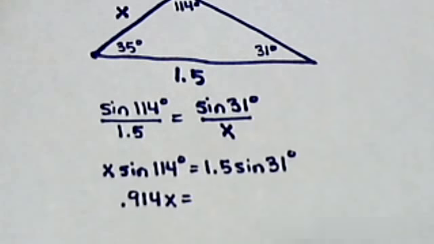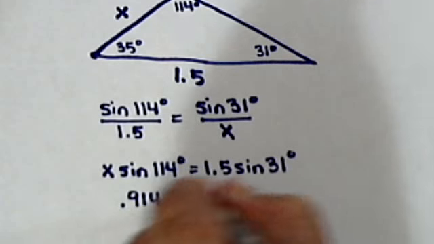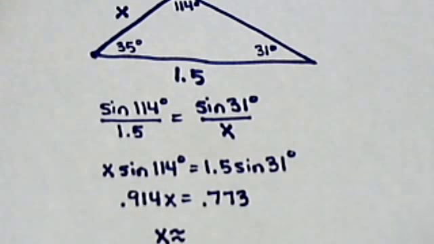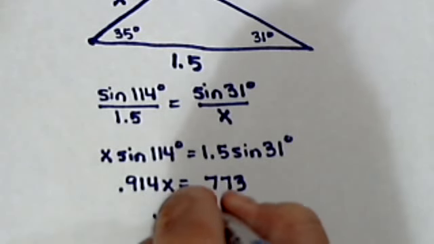Oops, sorry. So we have 0.914x. Then 1.5 sine of 31 is about 0.773. Which makes our x about 0.845.